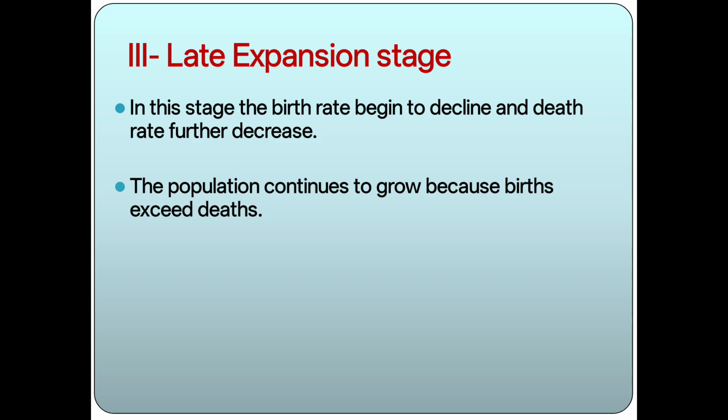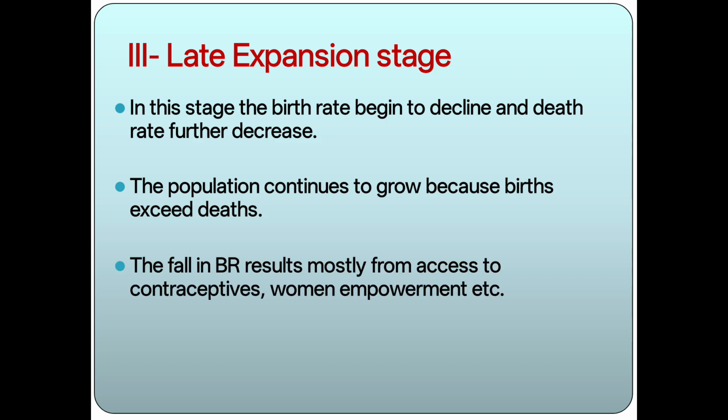See the first line: in this stage, birth rate begins to decline and death rate further decreases. The fall in BR results mostly from access to contraceptives like family planning methods and women empowerment. So due to this, BR has started reducing.